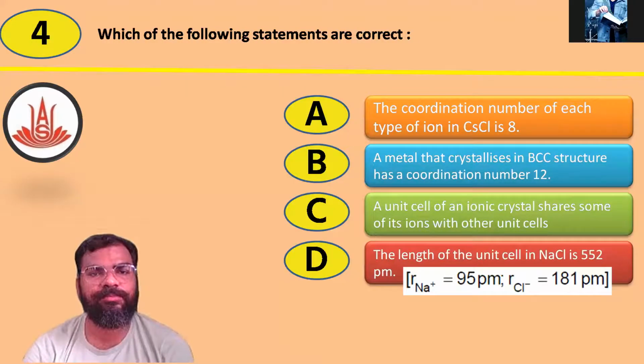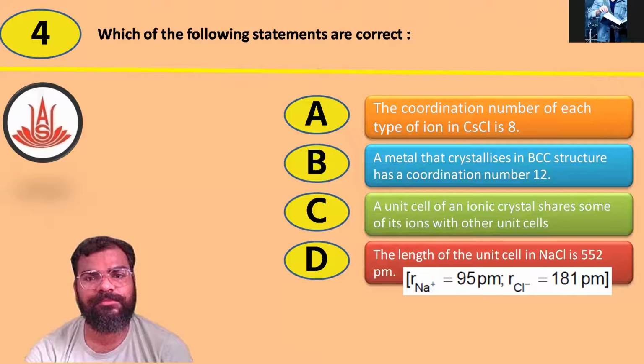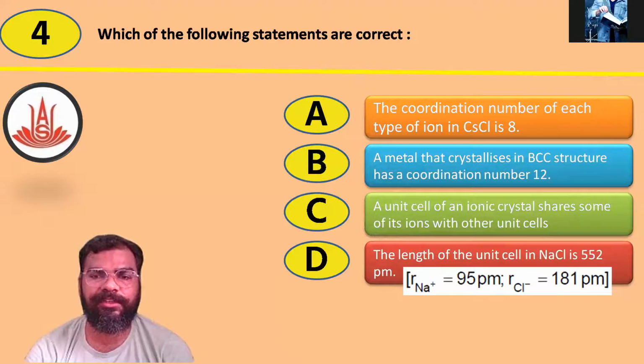After that, which of the following statements are correct? The coordination number of each type of ion in CsCl is 8. Option B: a metal that crystallizes in a BCC structure has a coordination number of 12.